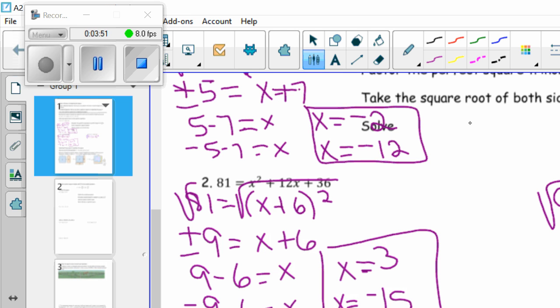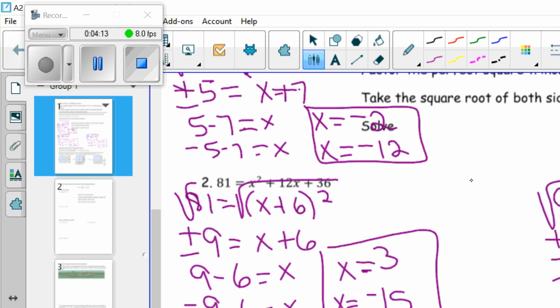Take the square root of both sides. Again, the square root of 9 is positive and negative 3, equals x minus 8. Add 8 to both sides. So 3 plus 8 is x, and negative 3 plus 8 is my other answer. So 3 plus 8 gets me 11, and negative 3 plus 8 gets me 5. Those are our two answers.